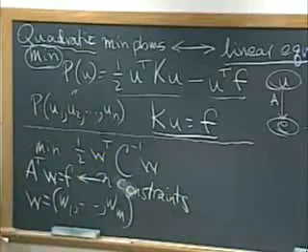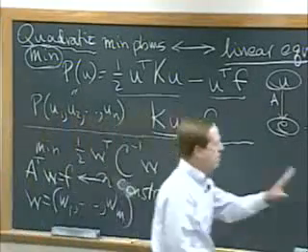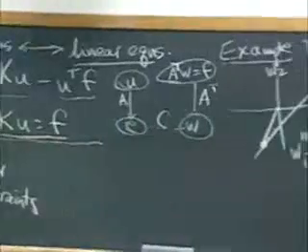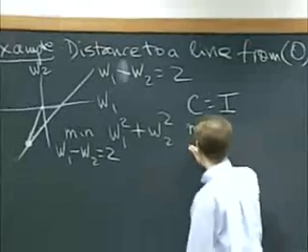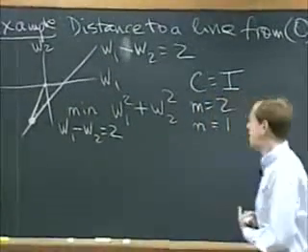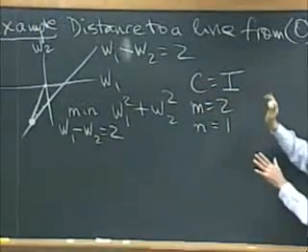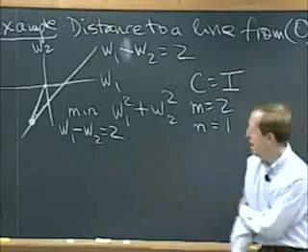So over here, M is 2. There are 2 W's. And N is 1. There's one constraint.